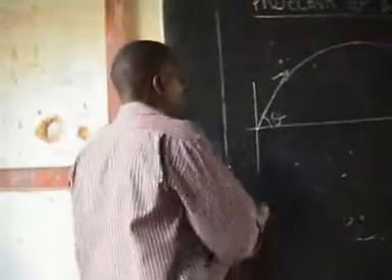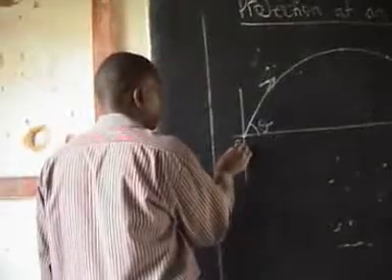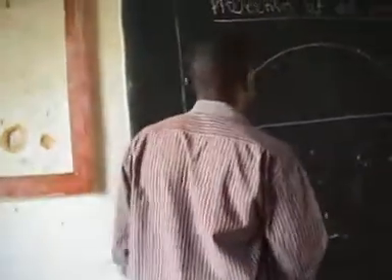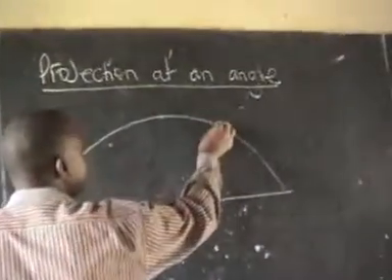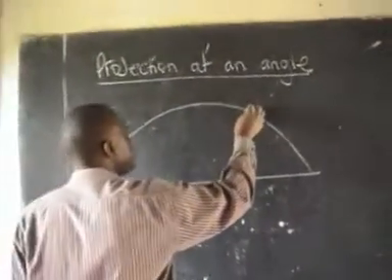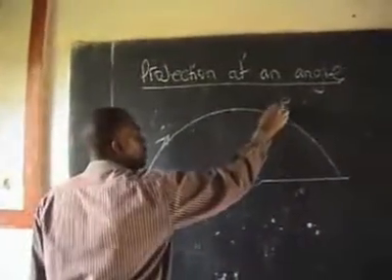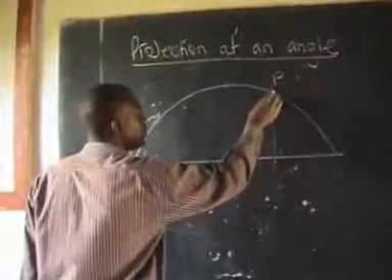Now, if this is our body, and we take this to be the point of projection, after some time t, this body will reach a certain point which I'm going to call P, which is at a vertical displacement.